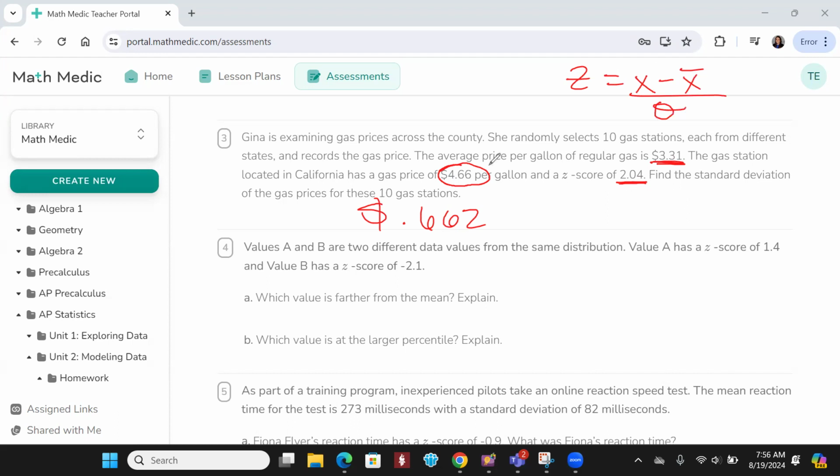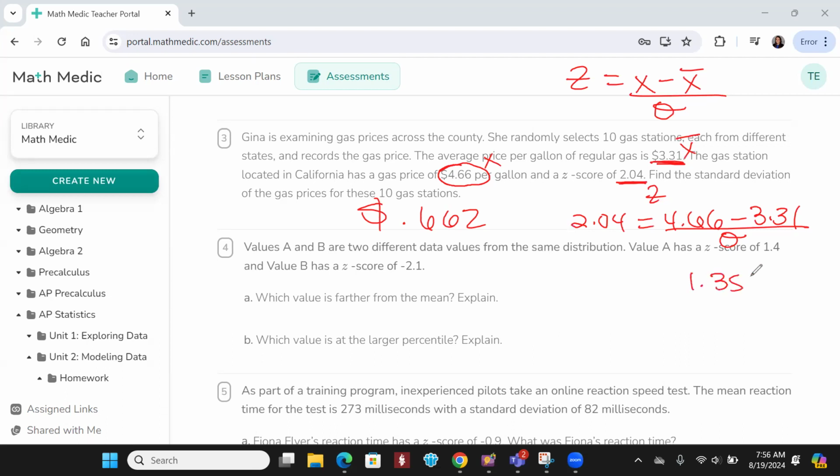We're given x, the mean, and the z-score, so let's plug in. 2.04 equals 4.66 minus 3.31, divided by the standard deviation. What am I going to do first? I can subtract up here. What is that going to give me?